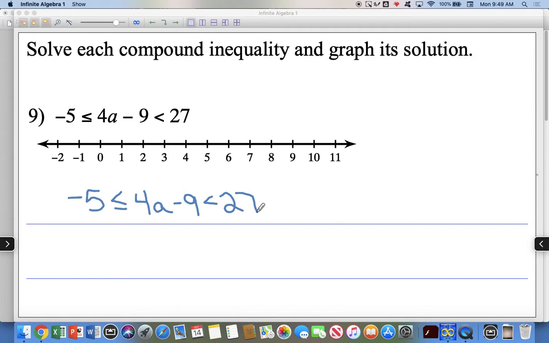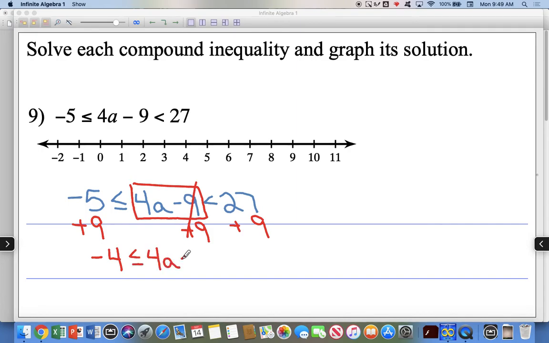All right, so we're only focusing on this middle. So if we want to get A by itself here, what's our first step? If I add 9 to get this to go away, I have to add it to both sides. So then -5 plus 9 is -4, which is less than 4A, which is less than 36.